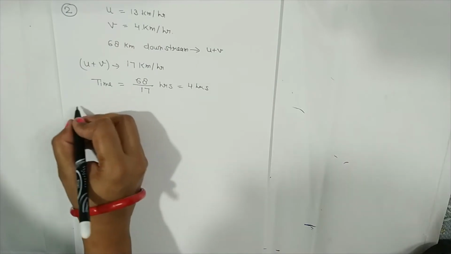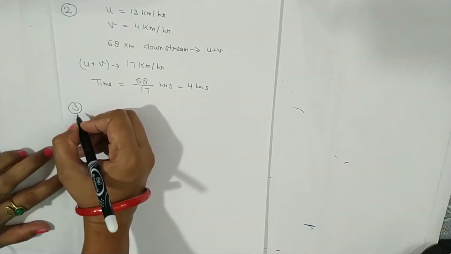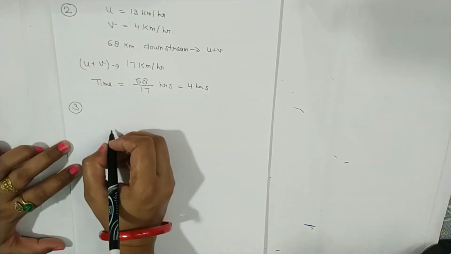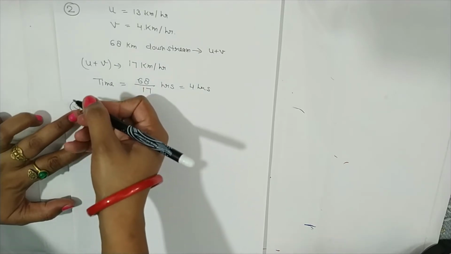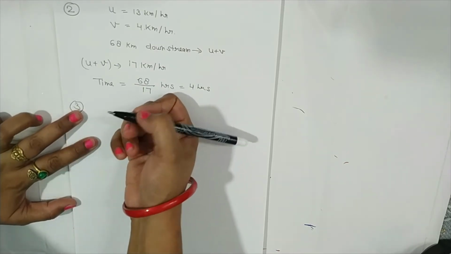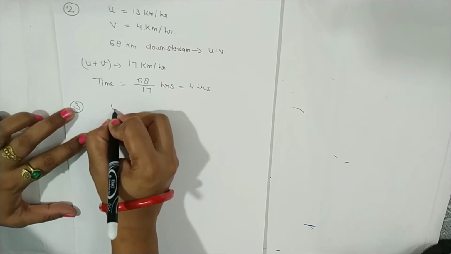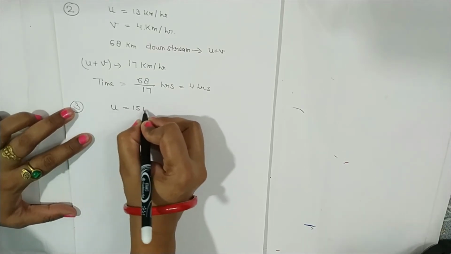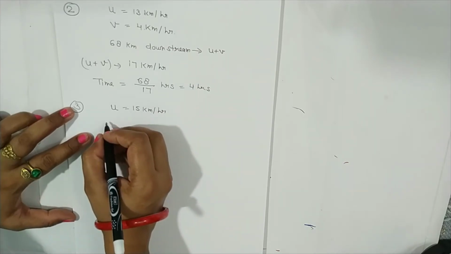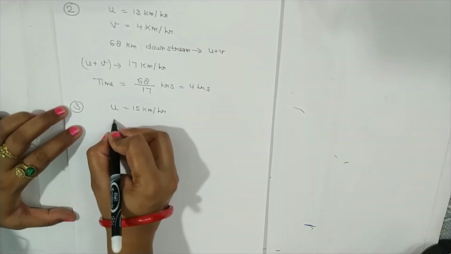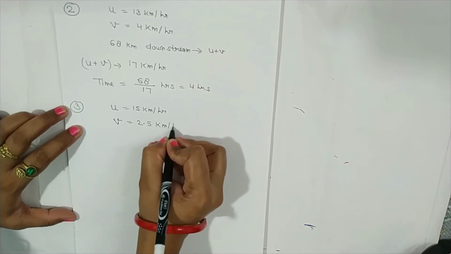So, this is the third question. A man's speed with the current is 15 km/h. We also consider the man as the boat. So, it will be considered u is equal to 15 km/h, and the speed of the current, that is the stream, is 2.5 km/h.